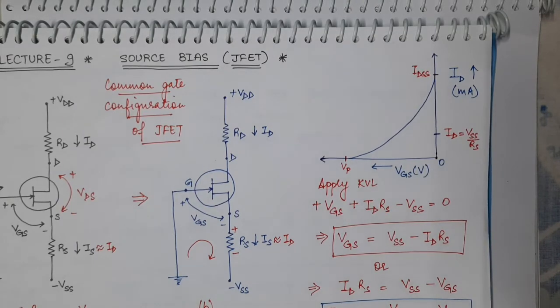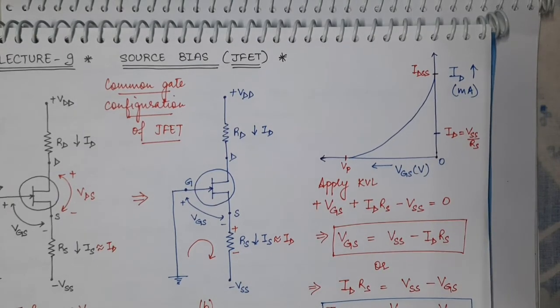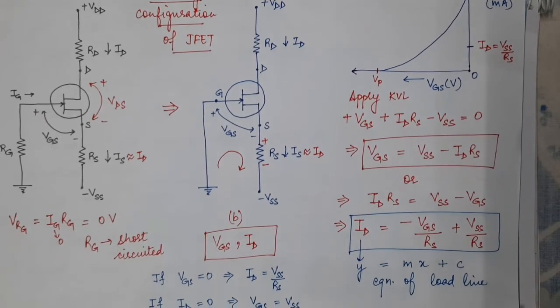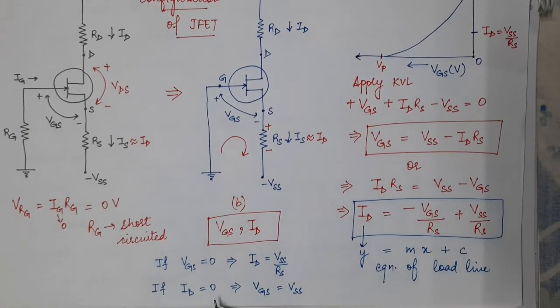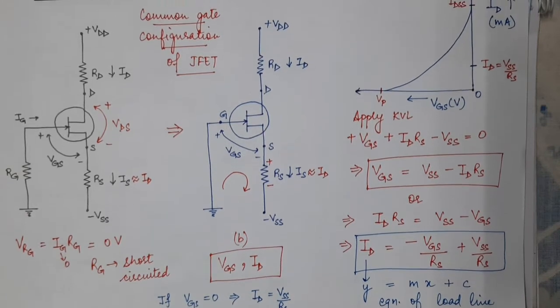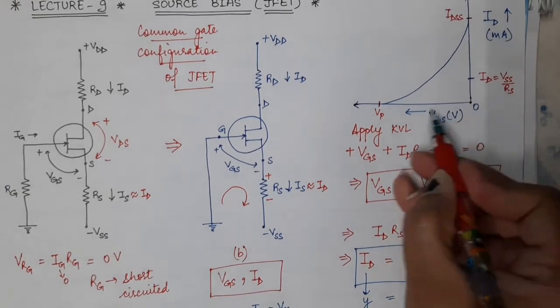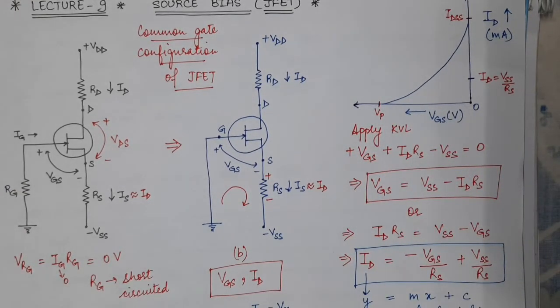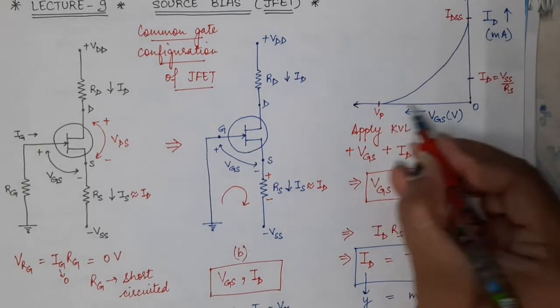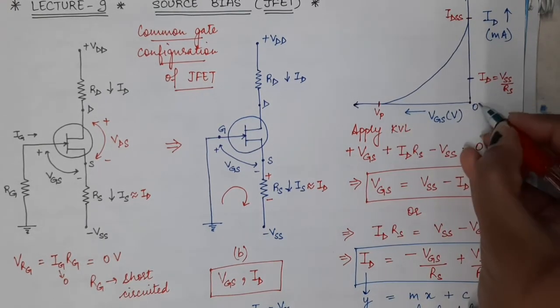And what is the second point of the load line? The second point of the load line is where ID is 0. When drain current is 0, then VGS is equal to some positive value VSS. And we know that on this side VGS is negative, and drain current ID is 0 only on the x-axis.